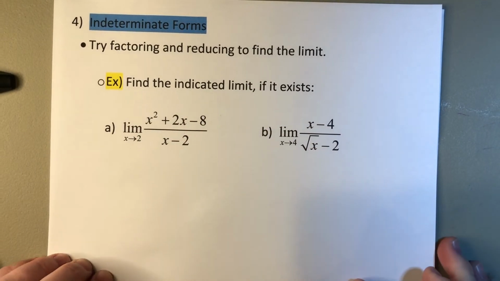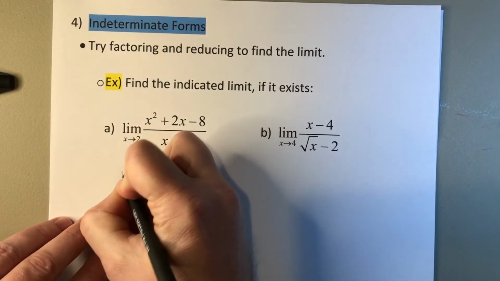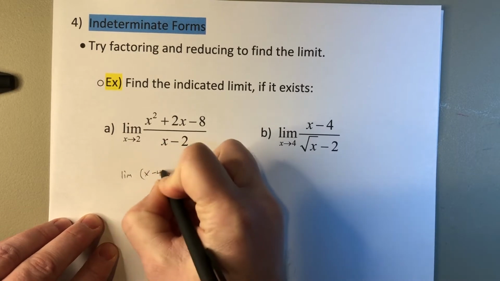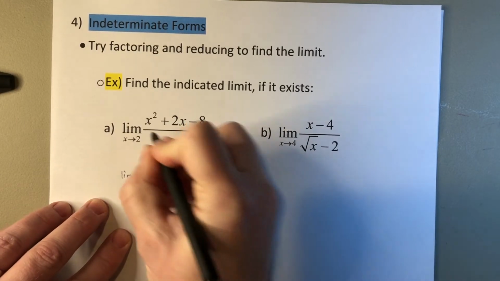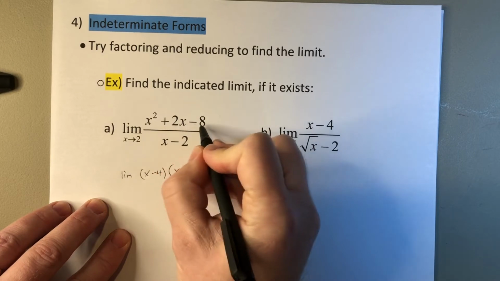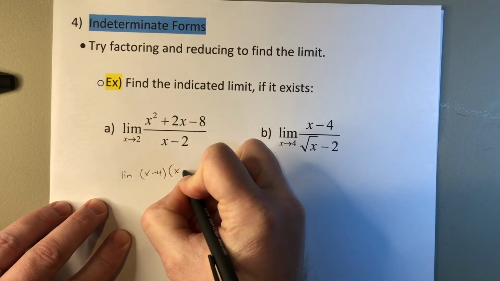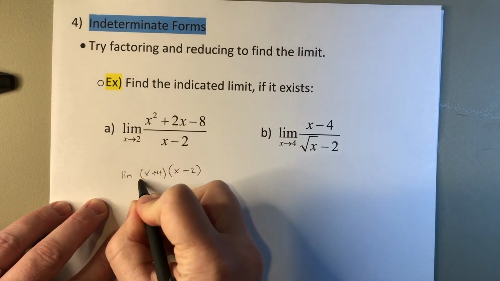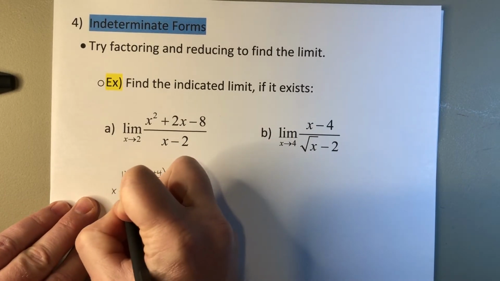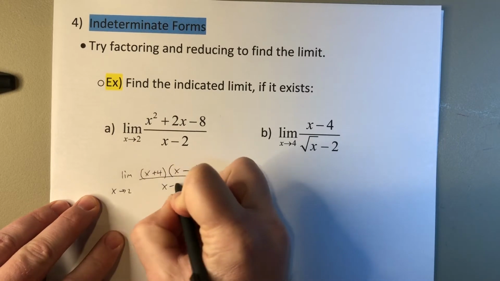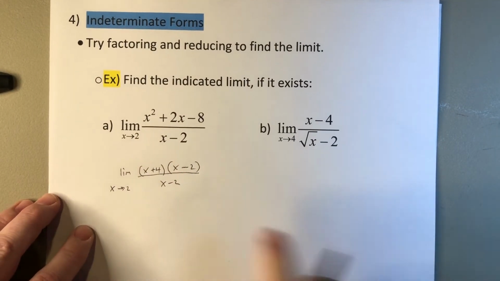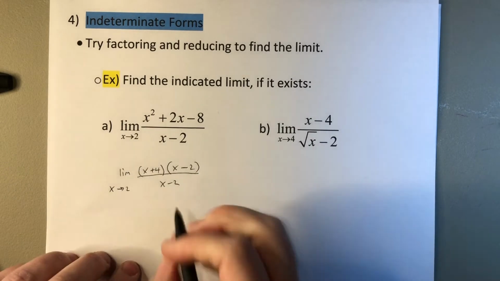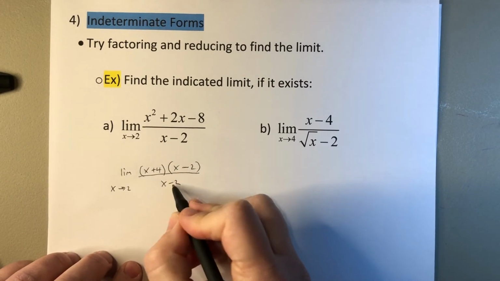So what we can do in these situations is, again, first factor and then see if we can reduce. So this numerator, x squared plus 2x minus 8, is factorable into these two binomial expressions. And because it is factorable in that way, do you see you now have a factor repeating on both the top and the bottom?